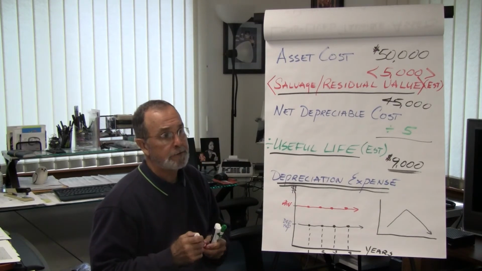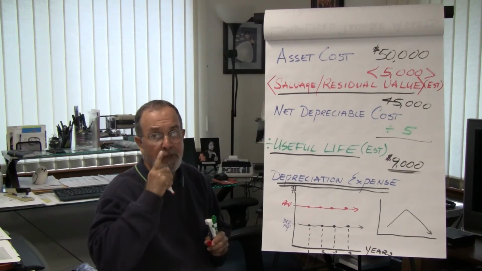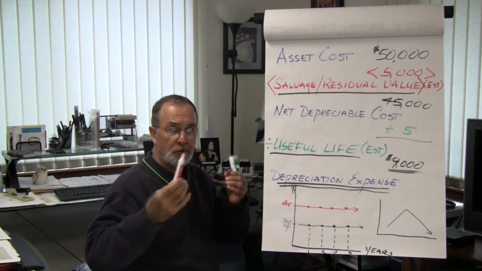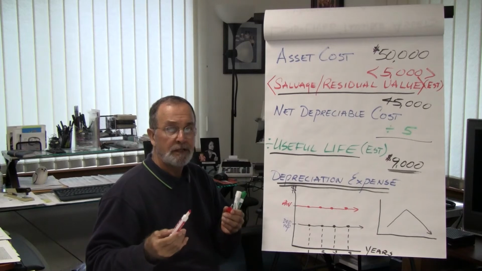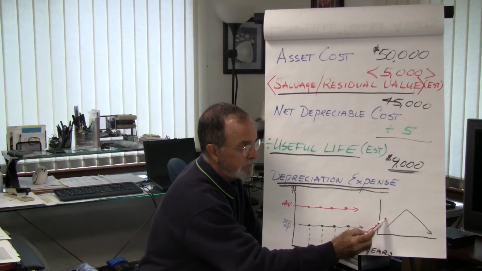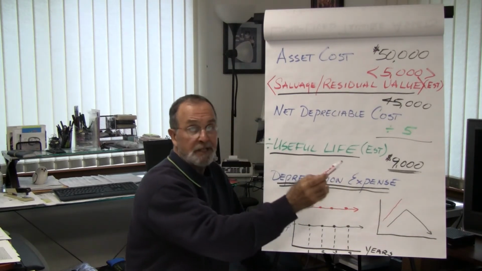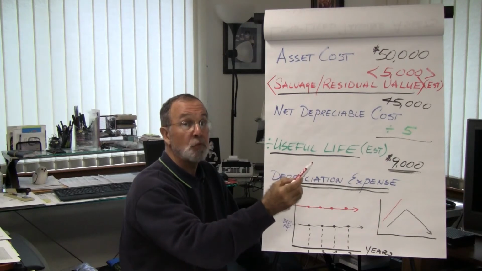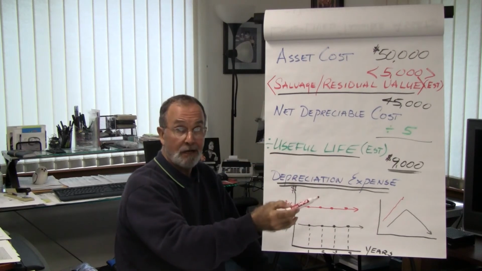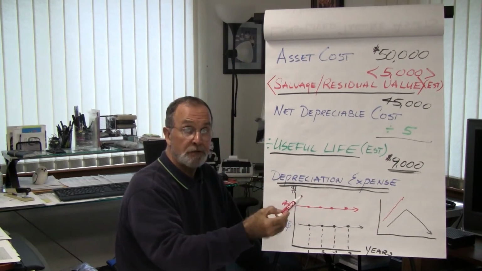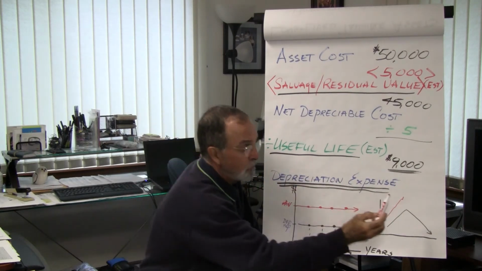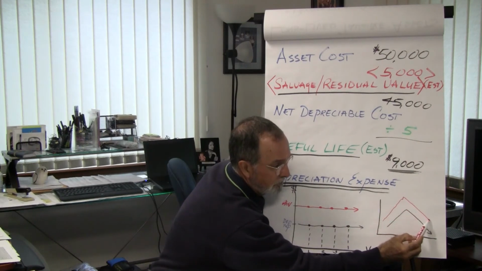And again, considering the matching principle, the idea is that for this type of asset, let's say we're using it to produce product that we are selling. As production goes up, our revenues generated from the sale of that product would be expected to increase. And as production went down, then the revenues generated from the sale of that product would likewise tend to decrease.